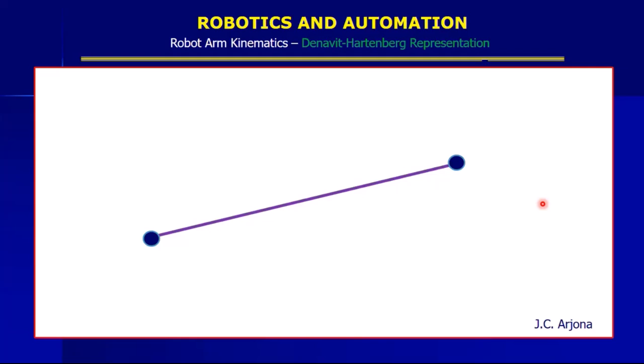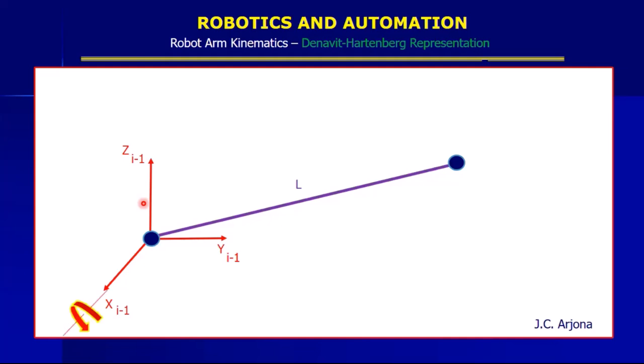So these are the 2 points and a link L. In these 2 points from a link, we have the coordinates of the first point, which is the previous coordinate, or we call this one the reference coordinate. Instead of using coordinates, we can also call this one the frame. So this is the coordinate of one frame.